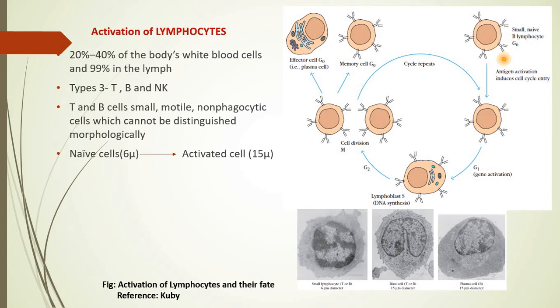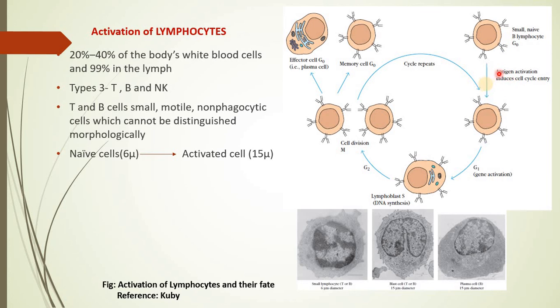So when they are either in the circulation or present in secondary lymphoid organs, if there is an antigenic stimulation, it induces the inactive resting cell to enter into the next stage of its cell cycle. As I said, this small naive cell is in G0 resting phase.